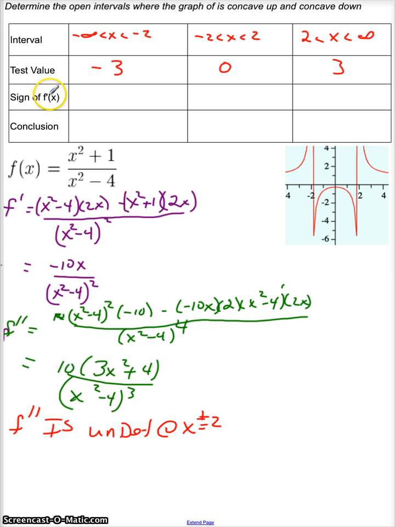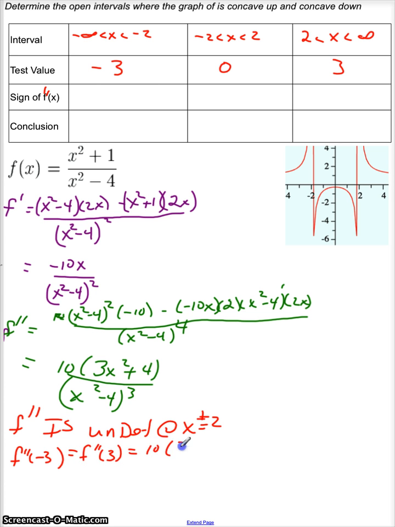What's the sign of f double prime? Well, at -3 and +3, you're going to wind up with the exact same value. And I'm out of room, which is why I'm doing this.